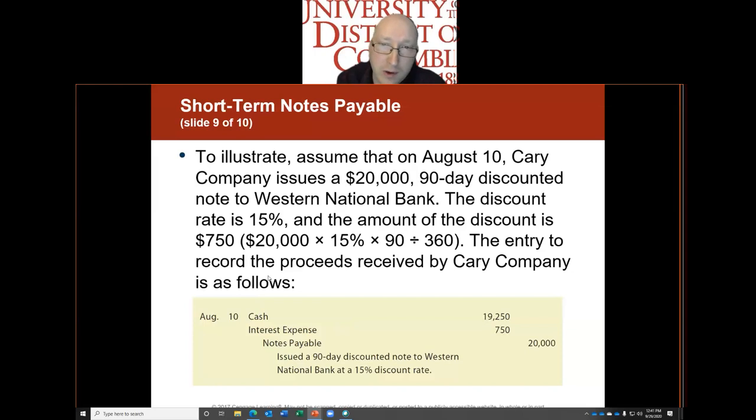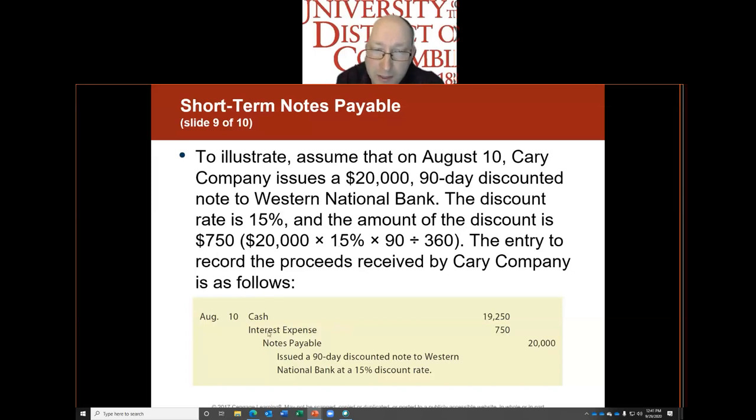The original loan was for $20,000 over 90 days. The discount rate is 15%. To figure out what the interest expense will be, we take $20,000 times 15% times 90 days divided by 360 to get $750.